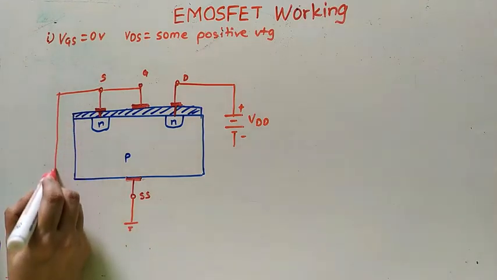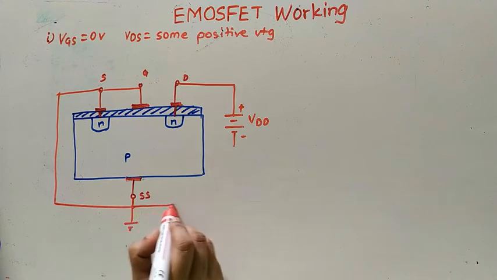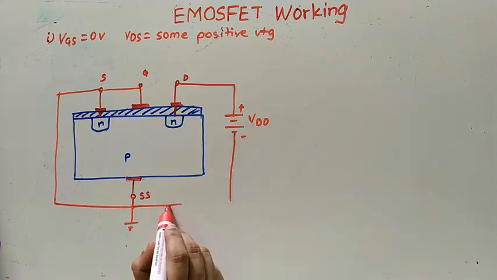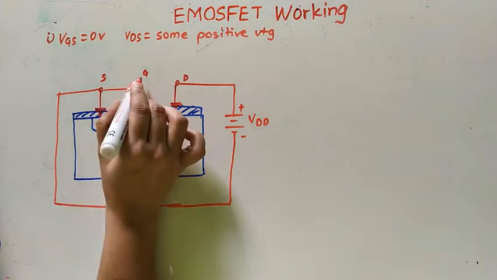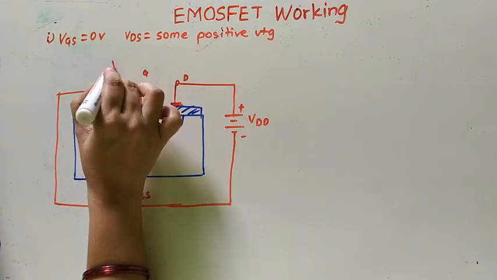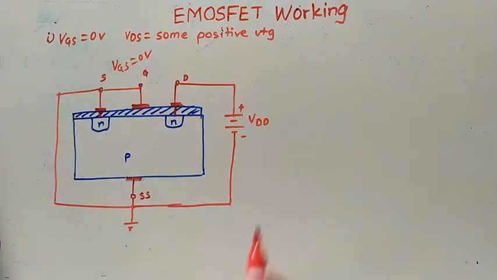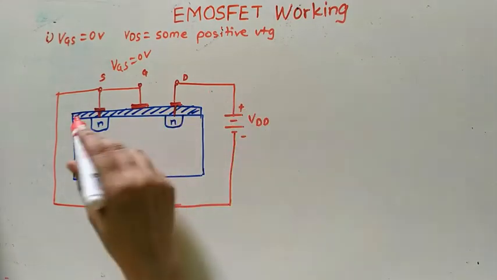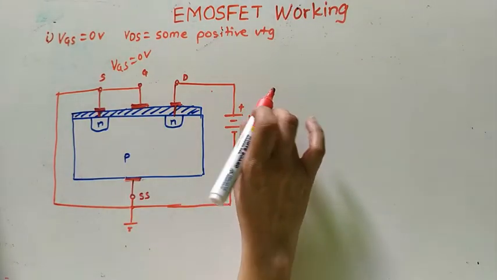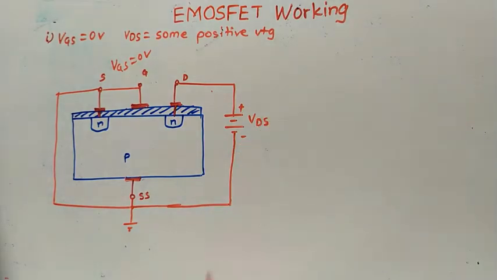The source terminal will also connect to ground, and the negative terminal of the battery is also connected to ground. In this way, between gate and source VGS is 0 volt, and this VDD is between drain and source, so you can also call it VDS, which is some positive voltage, greater than 0 volt.